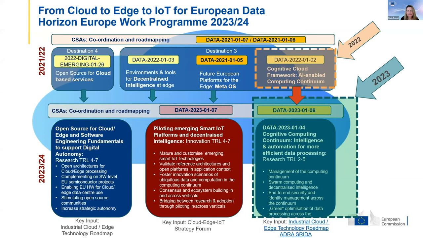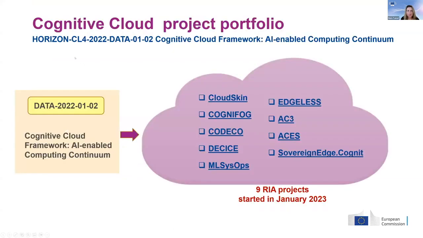And then this, together with all the other projects that were mentioned before by Rolf, are going to contribute to the new topic, which is called up on now, and it is the cognitive computing continuum. So let's go to the next slide, where I am also showing you those 9 projects.